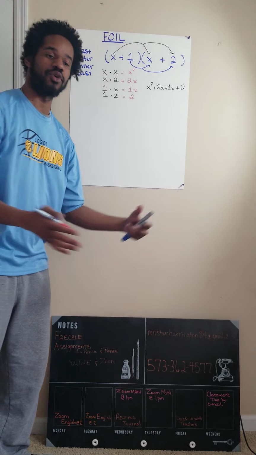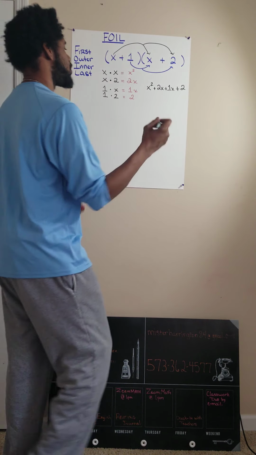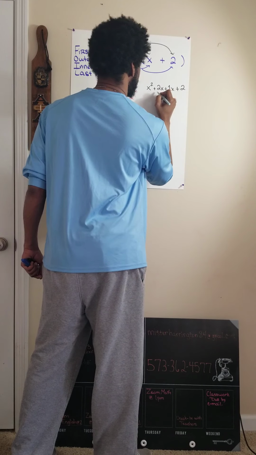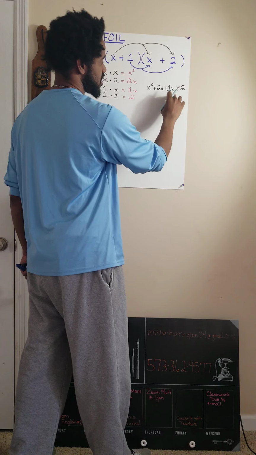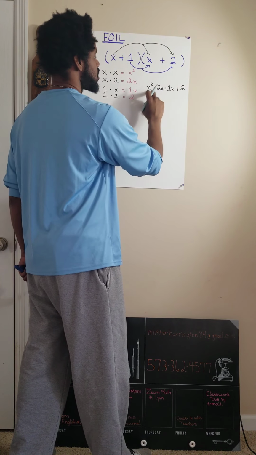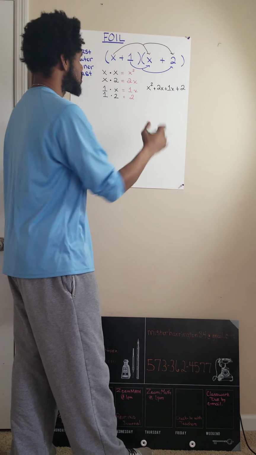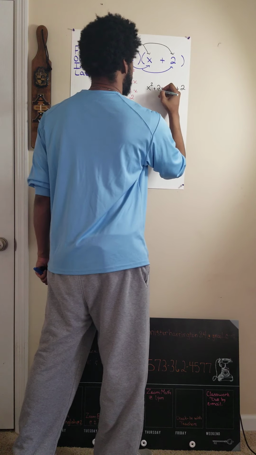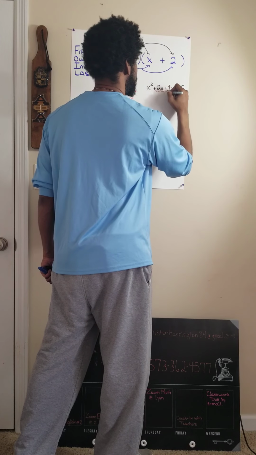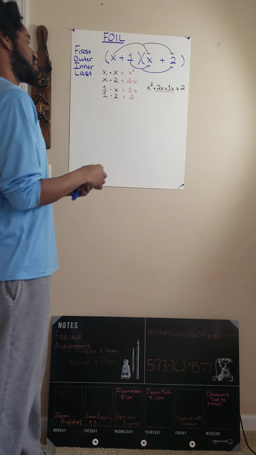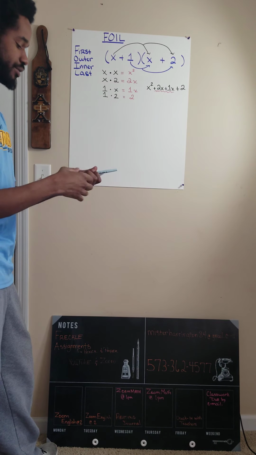We're combining like terms here. Look at this in here, 2x plus 1x. These are like terms. We can combine these two, okay? We can combine that middle.